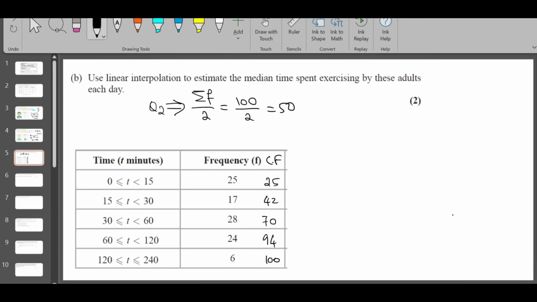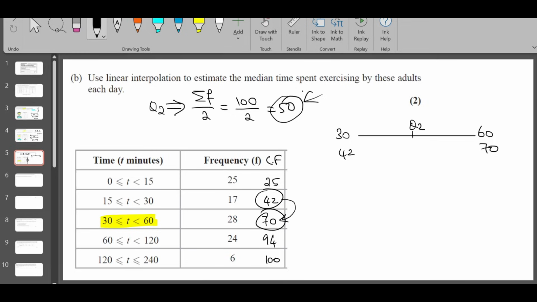Now we need to check where this 50 lies in the cumulative frequency. Anything more than 42 up to 70 lies here, so take the class interval 30 to 60. Put Q2 in between, take the corresponding cumulative and the previous cumulative, 42 and 70, and write this 50 here.